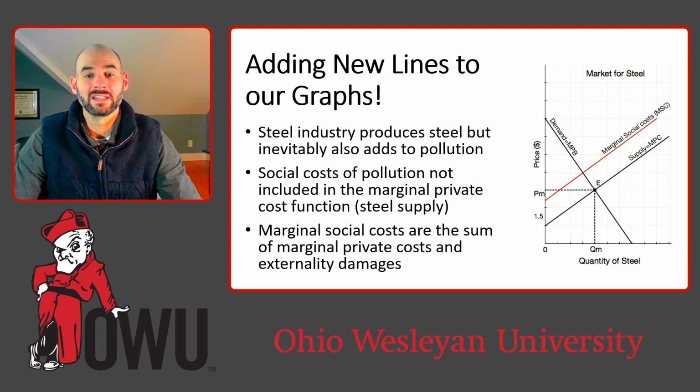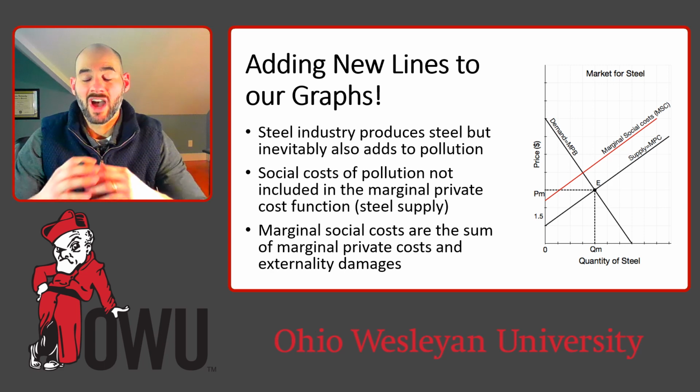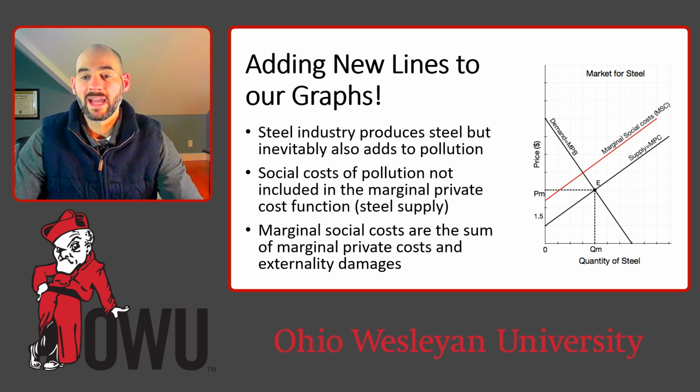So for example, we can think of a steel industry producing steel, but also adding pollution to the local environment per unit of steel they produce. And so the social costs of pollution are not factored into the supply curve for the firm.